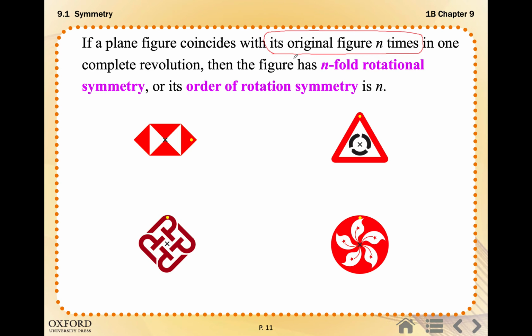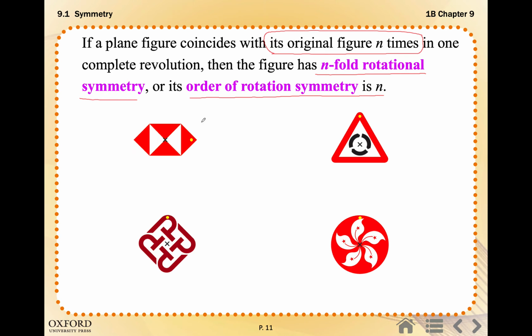We should count how many times the original figure appears in one revolution, that means one round, 360 degrees. And then the number of times is called n-fold rotational symmetry, or we may call it of order n. And then the order of rotational symmetry is n.